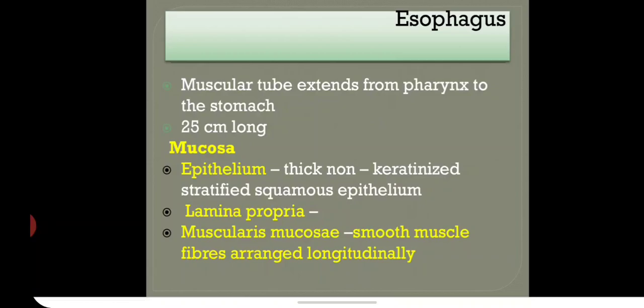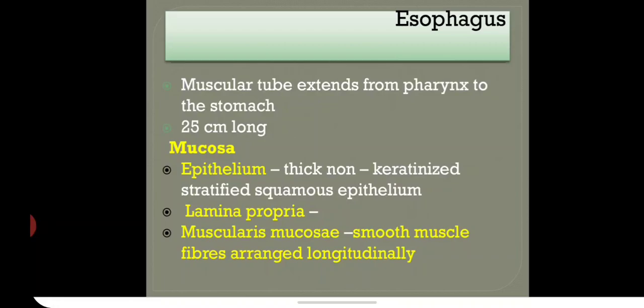You should think why this epithelium is present in the esophagus when the other parts of the GIT have simple columnar epithelium. The reason is that the esophagus is the uppermost part of the gastrointestinal system next to the pharynx. So it is subjected to all the types of food we eat: hot, cold and spices.